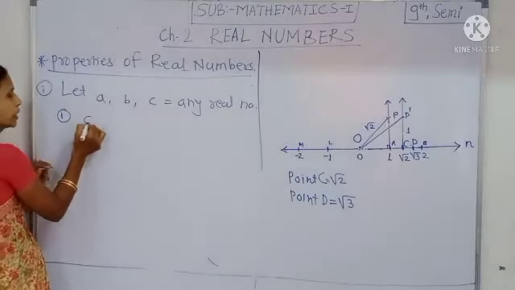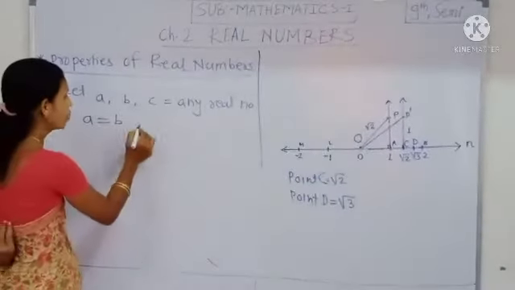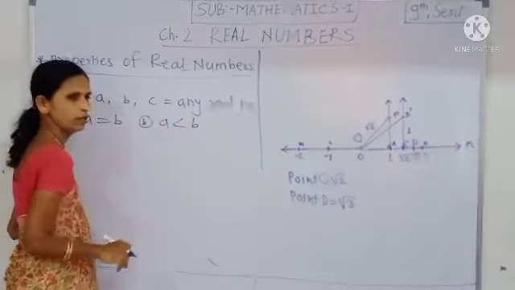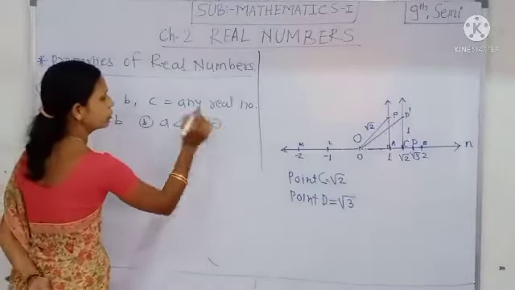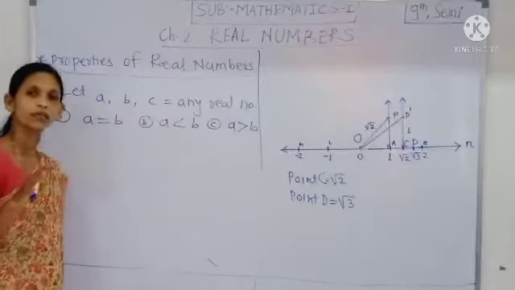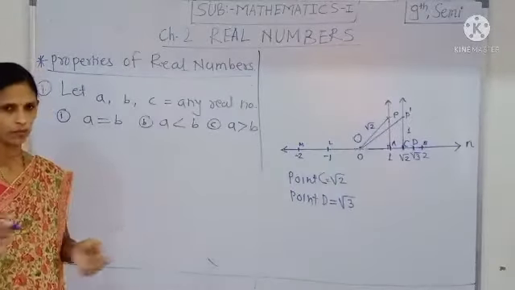First, A is equal to B, that means those two numbers are the same. Or second, A is less than B, the second possibility. And the third possibility, that A is greater than B. There are three possibilities between any real numbers.